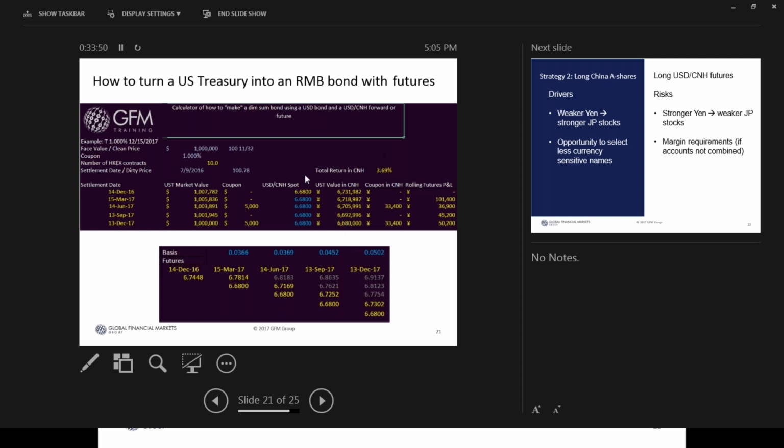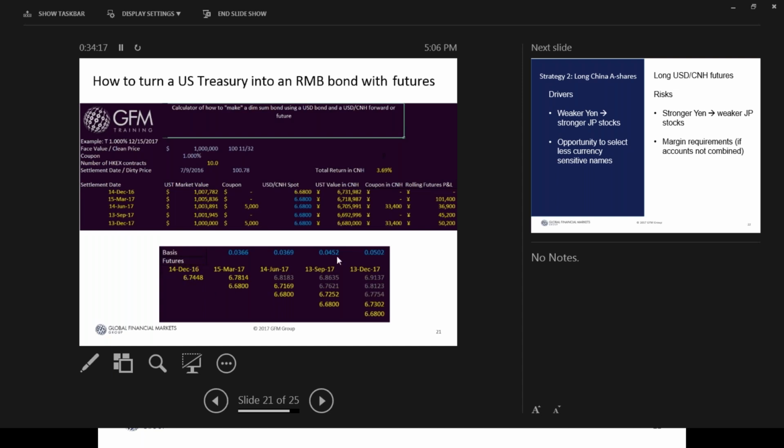So if I were to convert this into renminbi right now, I would be converting it at the then spot FX rate of 6.74. But the forward FX rate that I could effectively buy would be 6.91. So that implies that the renminbi is going to weaken, but really when I trade that FX future, buying the renminbi at that cheaper price means that I've locked in that higher interest rate.